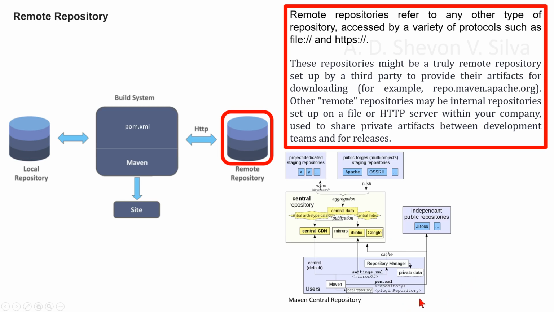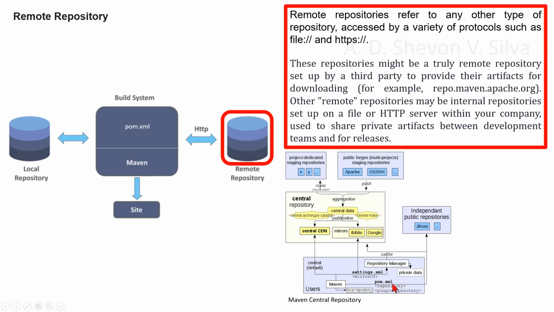Here you can see users. Maven is connected to the local repository, plugin repository, and here Maven is connected to the local repository, and here Maven is connected to dependent public repositories.